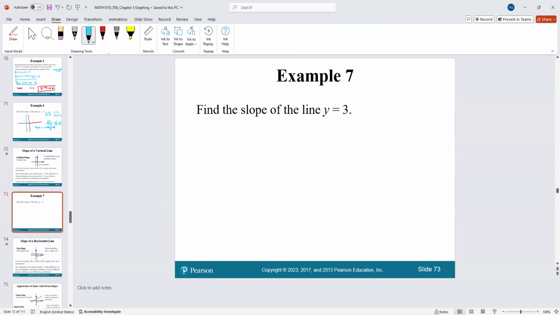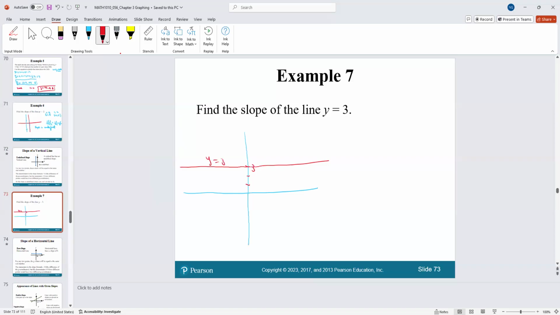Now look at this one. That would be the horizontal slope. Very important to verify: if you graph y equal to 3, you know it's going to be a horizontal line. We don't have any x values, so y is 3.